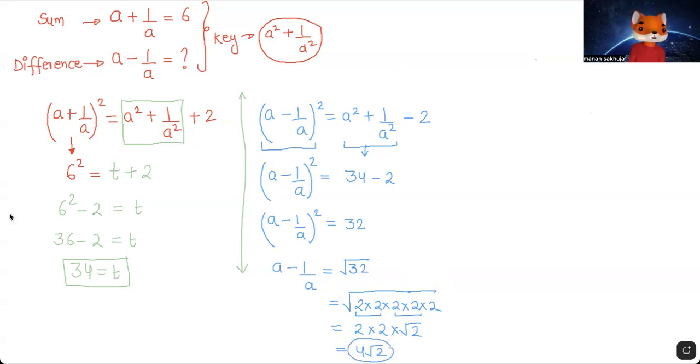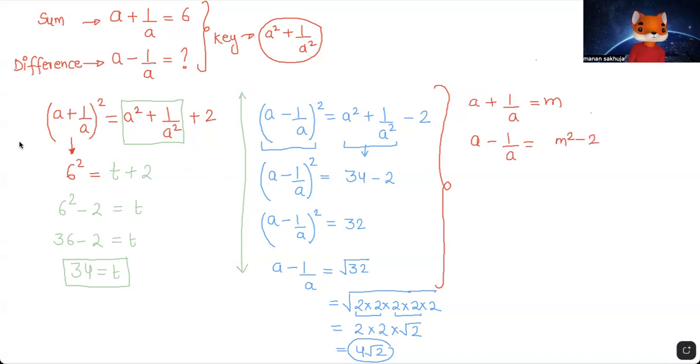Now, students, if you have seen till here very closely, I want to show you that there is a shortcut for finding the answer. What exactly is that? Let's say if a plus 1 by a is given m, what will be the value of a minus 1 by a? First, we're going to find m square minus 2.